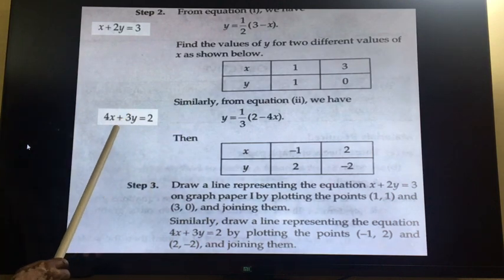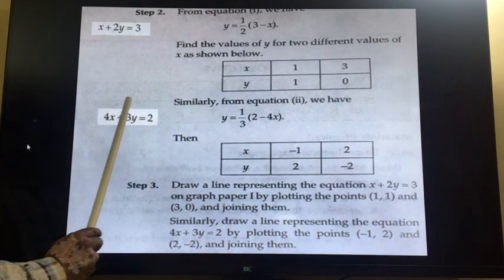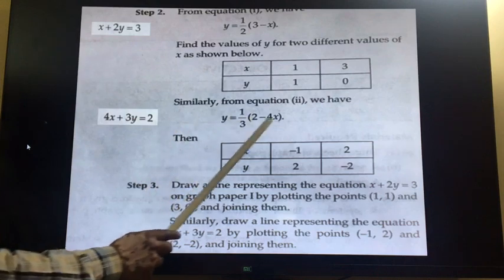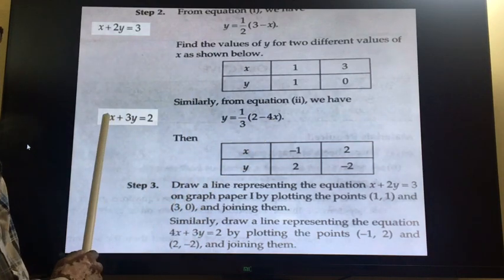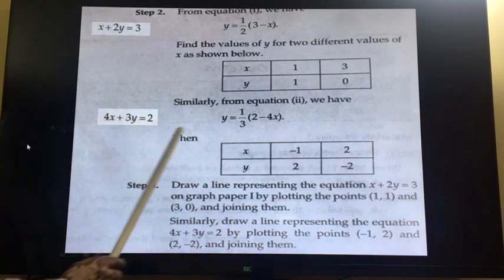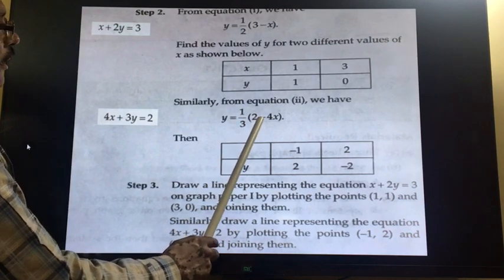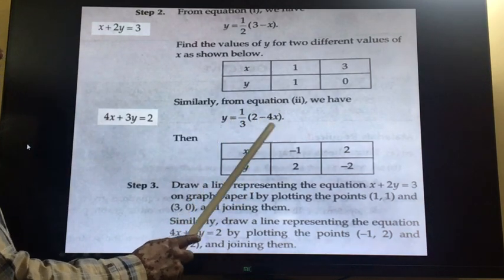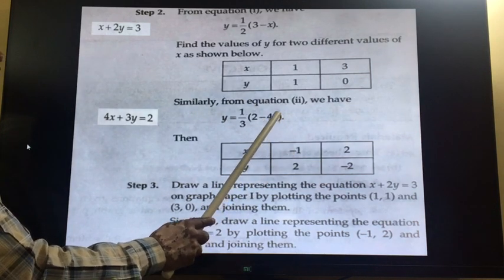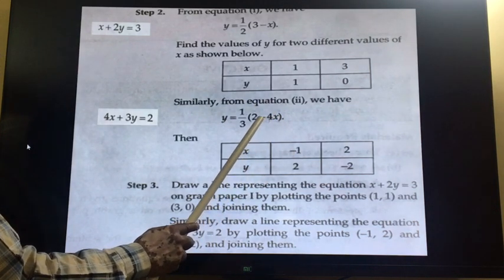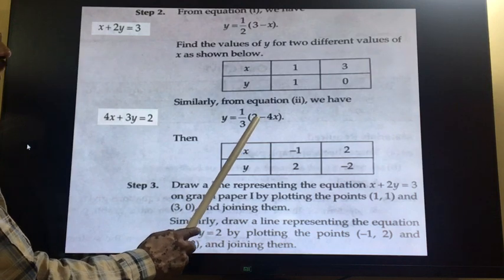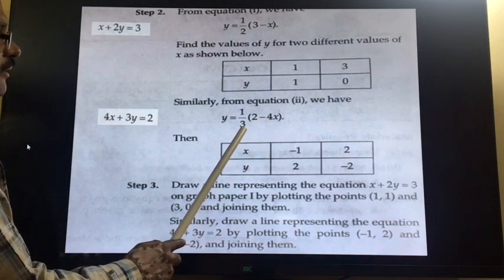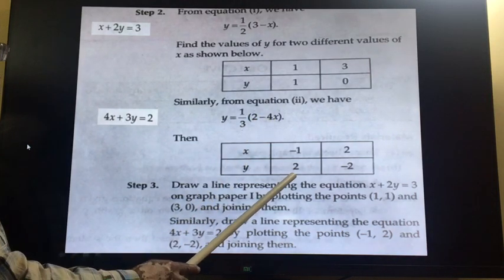Similarly, this was the second equation. From this, 4x you will transfer to the other side, so it will be 2 minus 4x, and then 3 will go down, so it will be 1 upon 3 into (2 minus 4x). This is the value of y. Now here you put x is equal to minus 1, so minus 1 into 4 will be minus 4, and 2 minus minus 4 will be plus 4, so 2 plus 4 is 6. 6 divided by 3 is 2, so y is equal to 2.